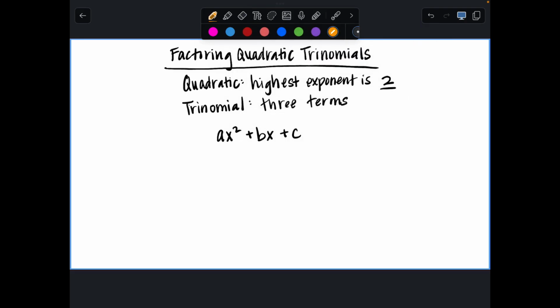So the first thing you're going to do is check for a greatest common factor for all 3 terms and factor that out. Not all problems are going to have this.